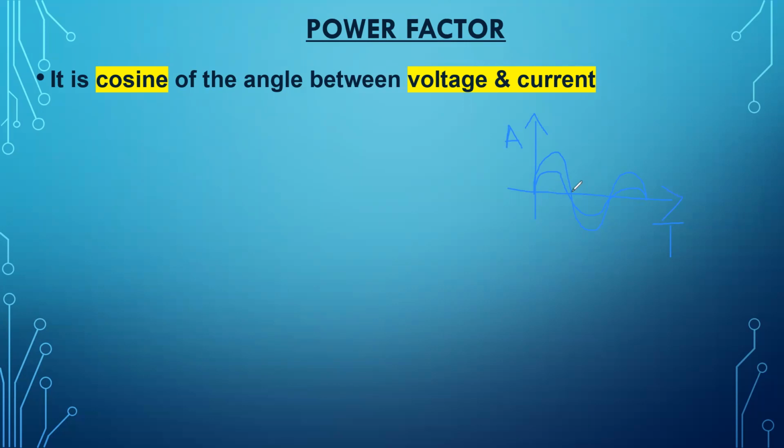Both are acting at the same time. At the initial time both start at zero, and at 90 degrees both are at the maximum point. So this is the angle between the voltage and current. Here the angle is zero, so cos of zero is 1.